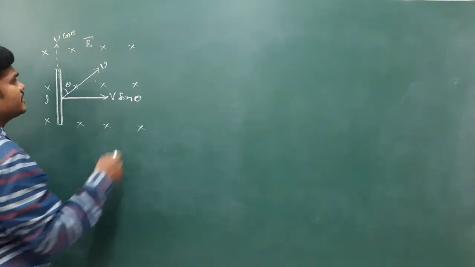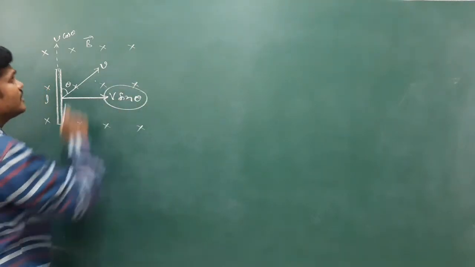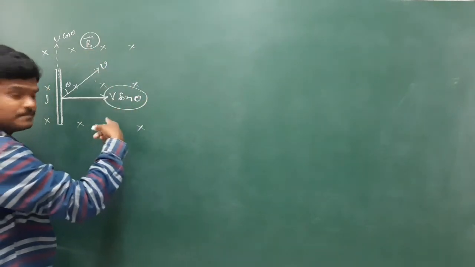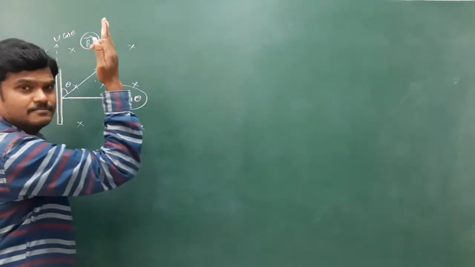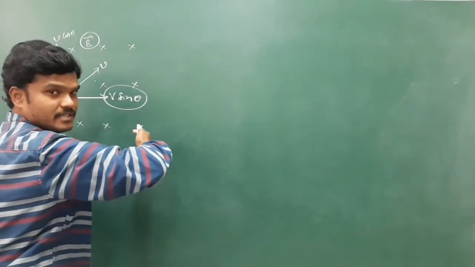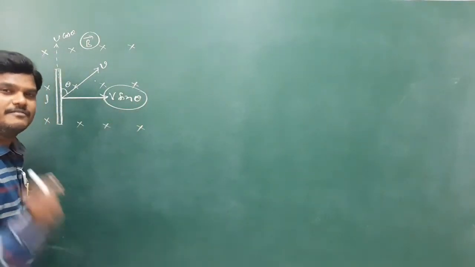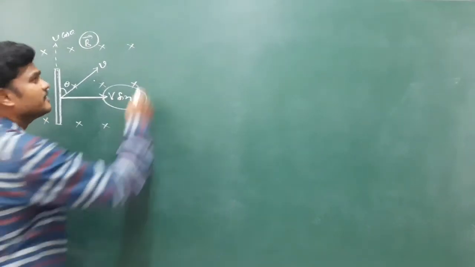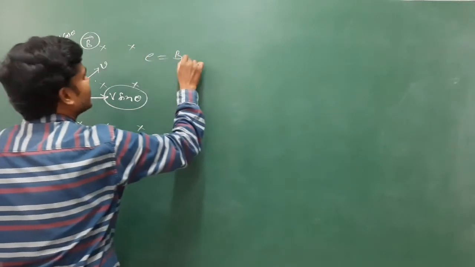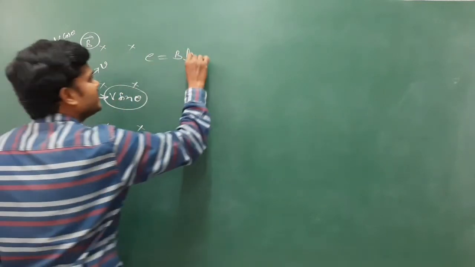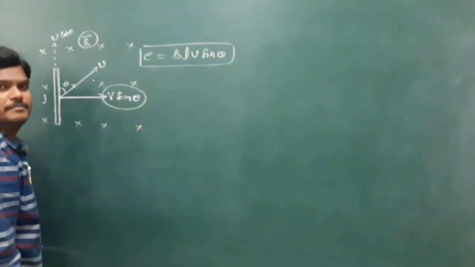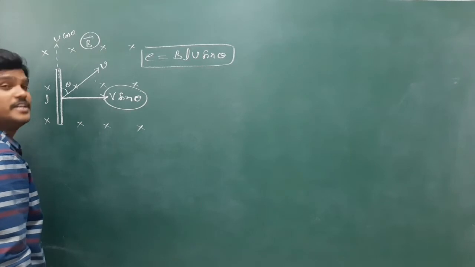But see the other three parameters: V sin theta is in this direction, B is into the board, and L is along the y-axis. All three are perpendicular, so directly you write E equals BLV, with B as it is, L, and V becomes V sin theta. So this is the equation of induced EMF, BVL sin theta.